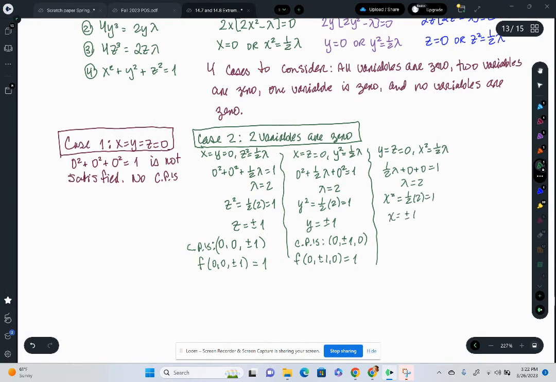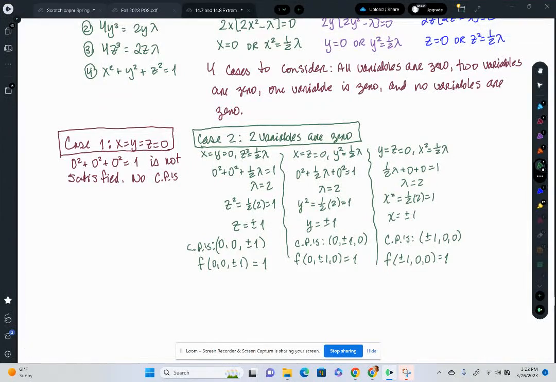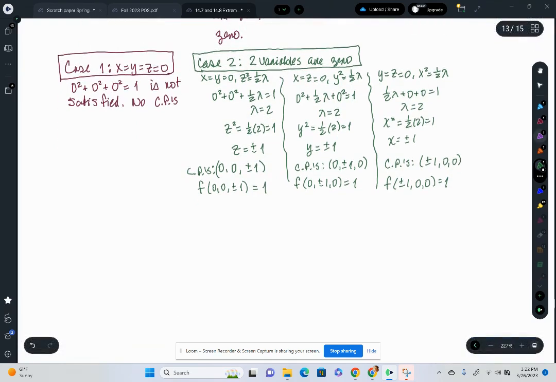X is plus or minus 1. Critical points, similar, plus or minus 1 and 0, 0. And then the function value, again, is the same. Okay, so that was 6 critical points that we got from the second case. All right, so we might have gotten none in the first case, but the second case gave us a whole lot.